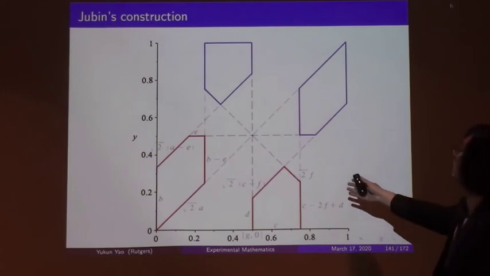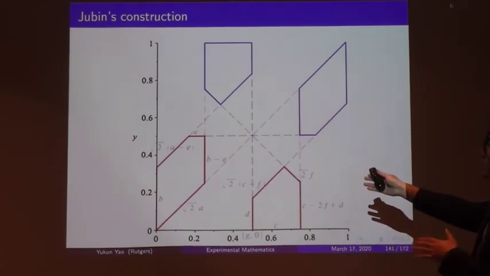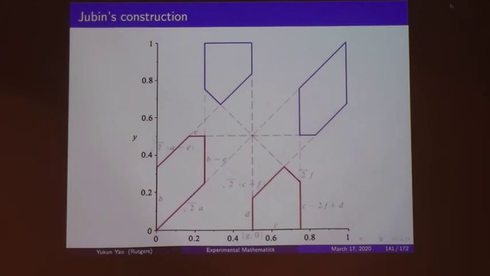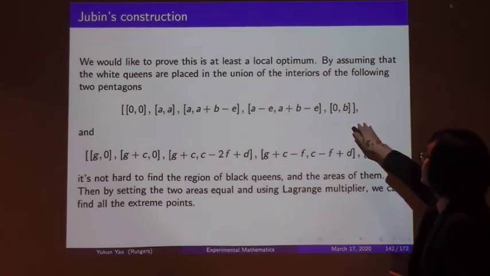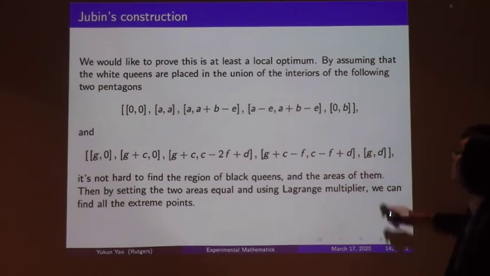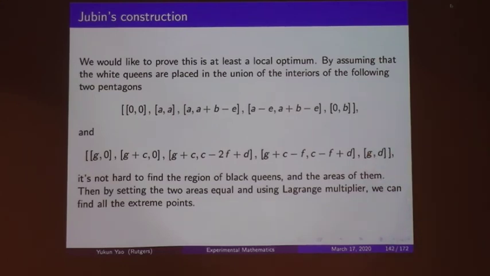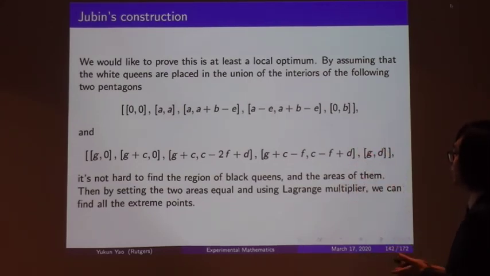So this one is Rubin's construction. We want to prove at least this is a local optimum. So we use the data structure for the vertices points. So we can see there are two pentagons, and then it's not difficult to find the region of black queens and the areas of white and black queens.